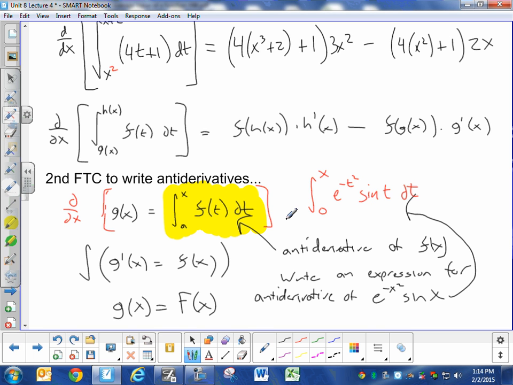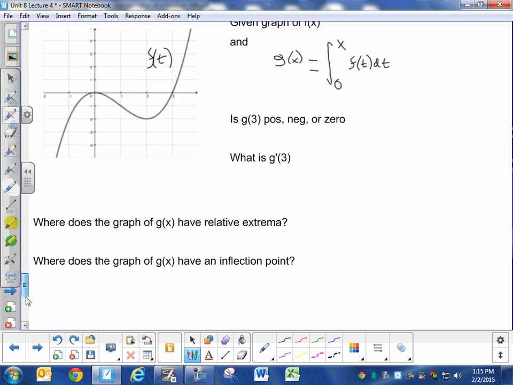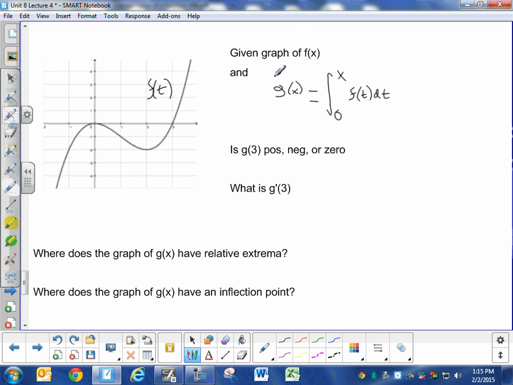Okay, but what is going to be done with these accumulation functions is we will have to be able to analyze this G and what's going on with G given F. Okay, we will be given situations like this, where I say, okay, G is equal to the area from 0 to x under F. This is F that I'm giving you.